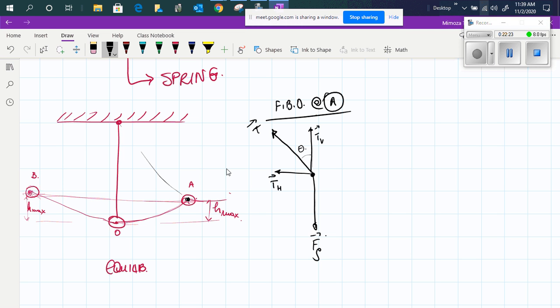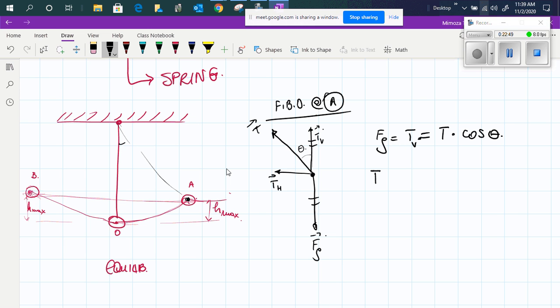Now, since the object is not moving up and down, those two forces are equal to each other. So the force of gravity is equal to the tension on the vertical, which is T times cosine theta. The angle theta here, or theta here, is the same angle.